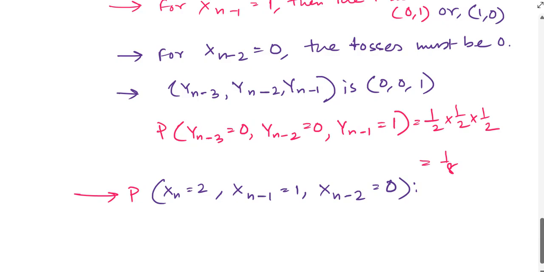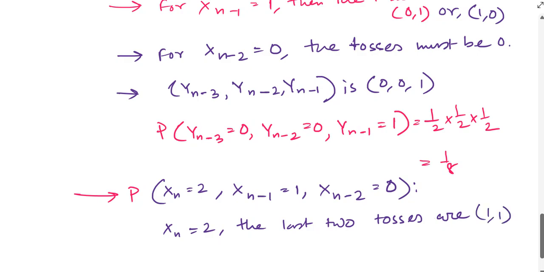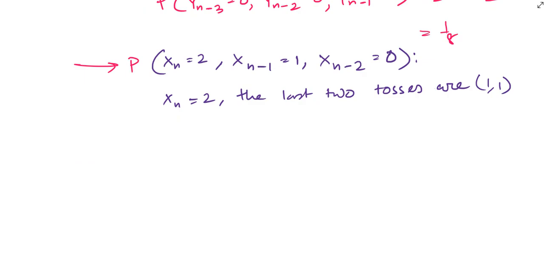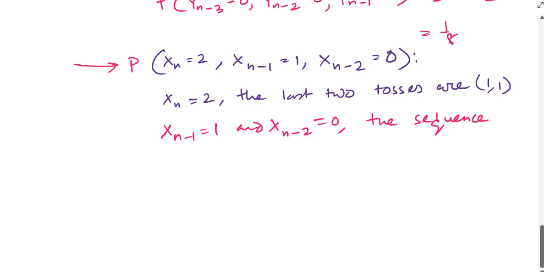For Xn equals 2, the last two tosses are 1 comma 1, and for X(n-1) equals 1 and X(n-2) equals 0, the sequence must be 0 0 1.